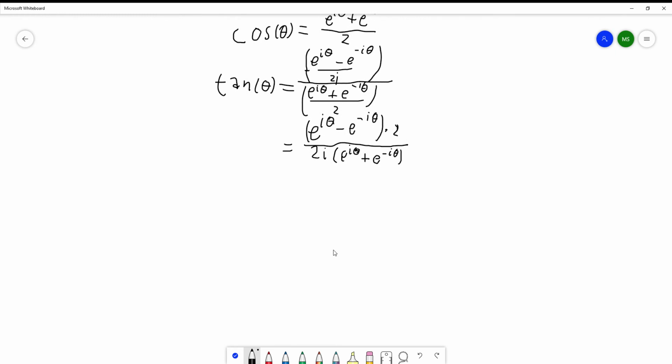Now we can cancel out the 2, and we're left with e to the i theta minus e to the negative i theta divided by, we multiply by i, so we get i times e to the i theta plus i times e to the negative i theta.